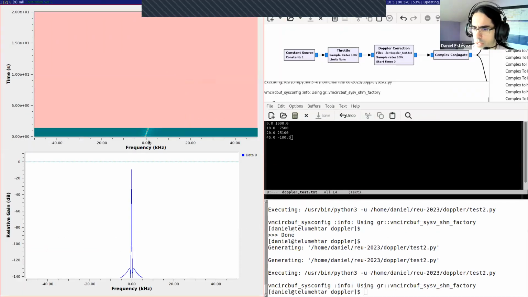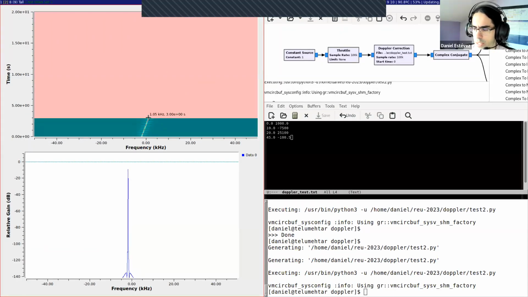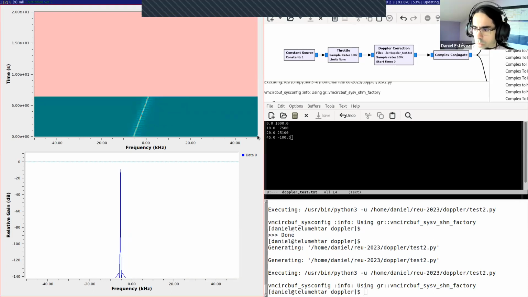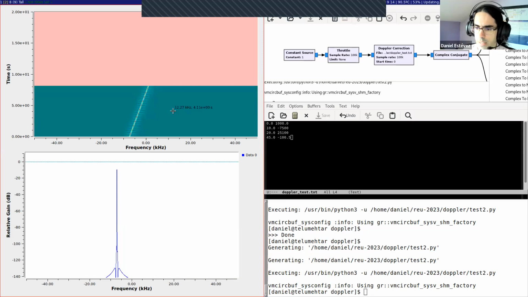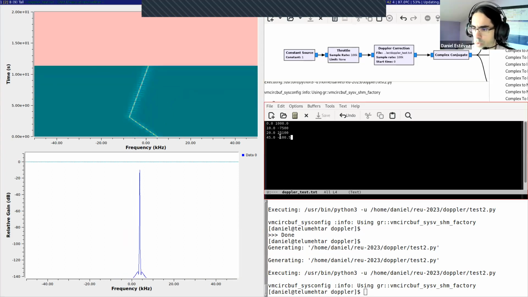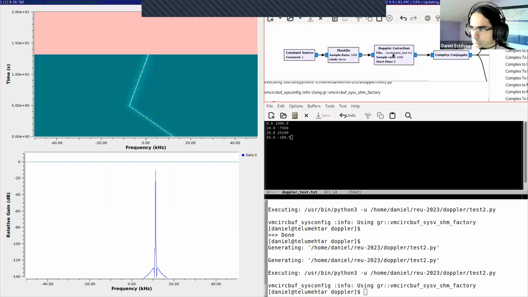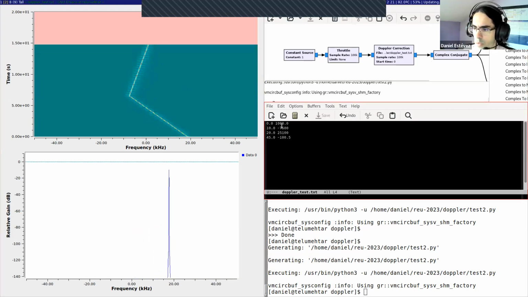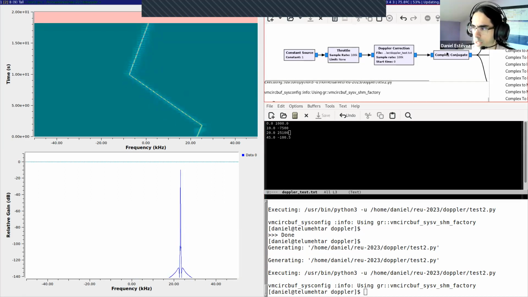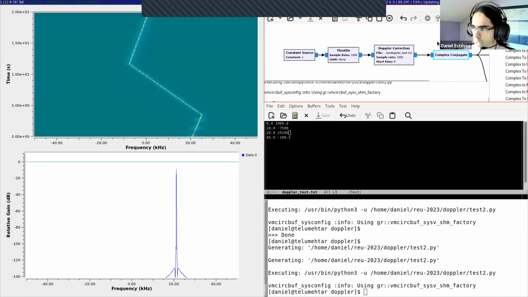So if I do this, you can now see that the frequency has started at 1000. Now it's going down to minus 7.5. And when it reaches minus 7.5, it will go up to 25.1. So that's another way. If you prefer this file to read exactly the frequencies you're generating, you just use the complex conjugate and invert the output frequency.